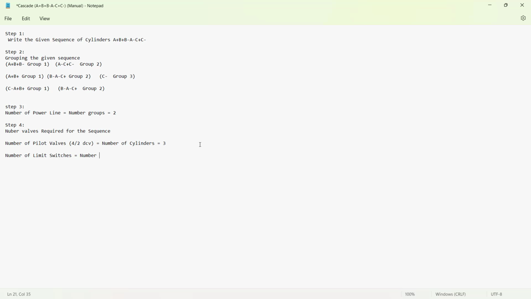That should be the number of cylinders into 2. So each cylinder has two positions, A minus, A plus. Therefore the number of cylinders is 3, each with two positions. Totally we require 6 limit switches.